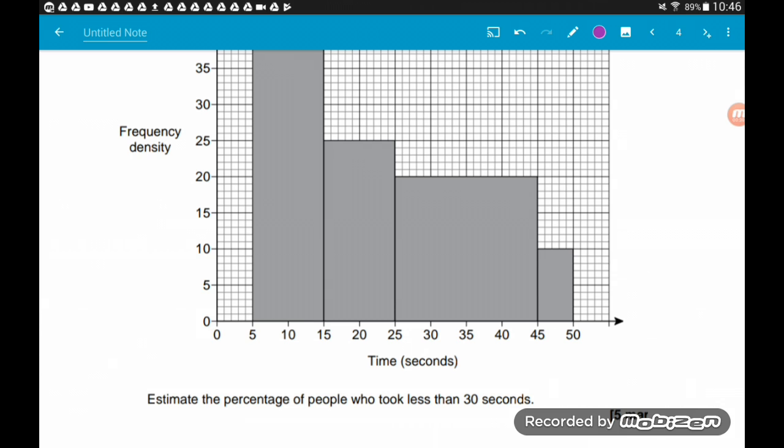So I'm going to do a little bit of work here behind the scenes so it doesn't take as long to explain. Basically what we need to do is work out the total number of people represented in the histogram, then work out the number of people that took less than 30 seconds, and then we'll talk about the next step from there.